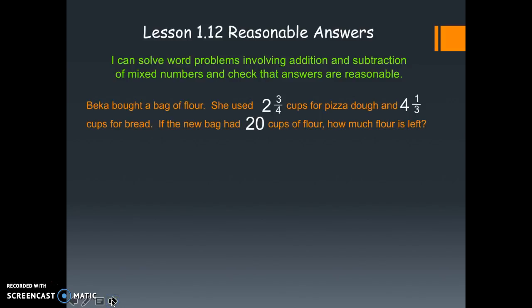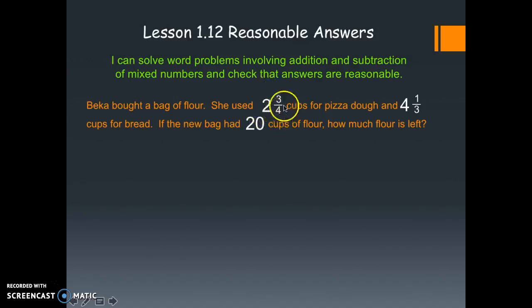Becca bought a bag of flour. She used 2 3/4 cups for pizza dough and 4 1/3 cups for bread. If the new bag had 20 cups of flour, how much flour is left? So we could do this a couple of ways.